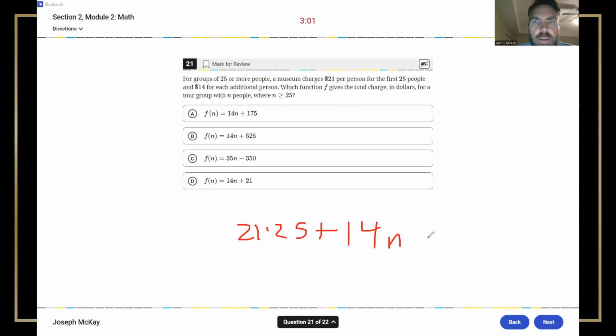But you need an n minus 25 here, like that, because you've already paid for those first 25 people.